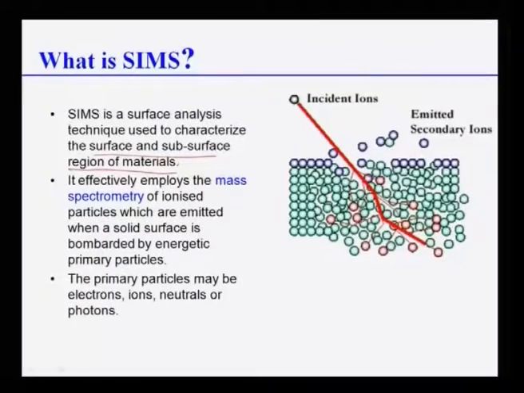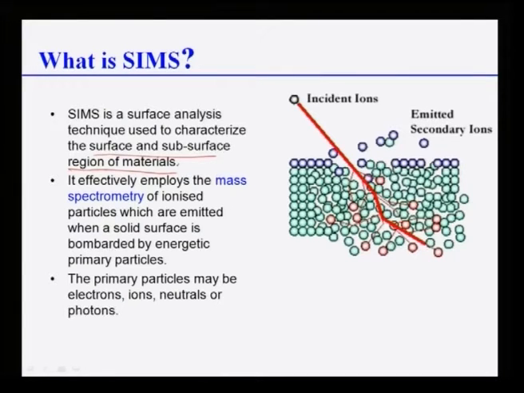It employs mass spectrometry of ionized particles which are emitted when a solid surface is bombarded by energetic particles. The schematic diagram on the right side shows this picture. We have an incident ion source, which can be any ion. Incident ions can be cesium ions or oxygen ions or other ions, but mostly cesium and oxygen ions are used.